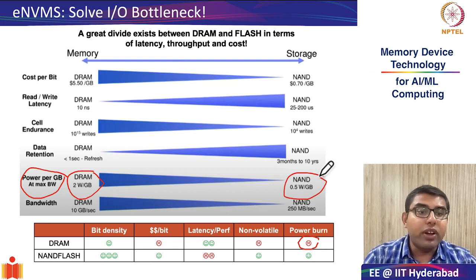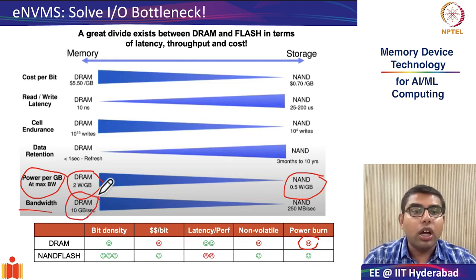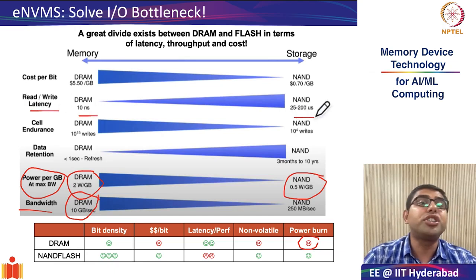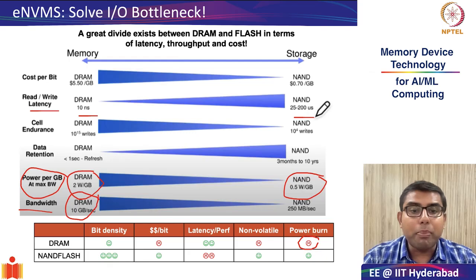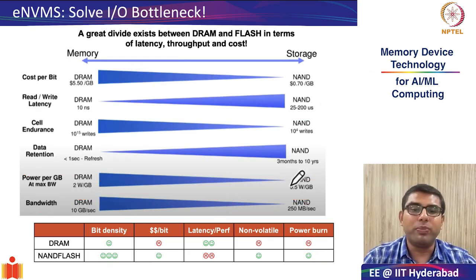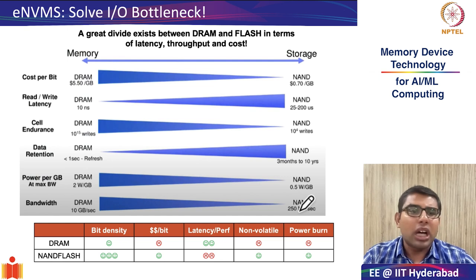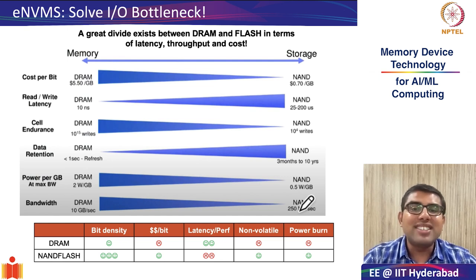The final thing that we will look at is the bandwidth. Notwithstanding the much higher read latency, if you see, the read latency was several orders of magnitude different, but the bandwidth difference is not so terrible. The bandwidth is only, as you can see, roughly 40 times. Why is this the case?